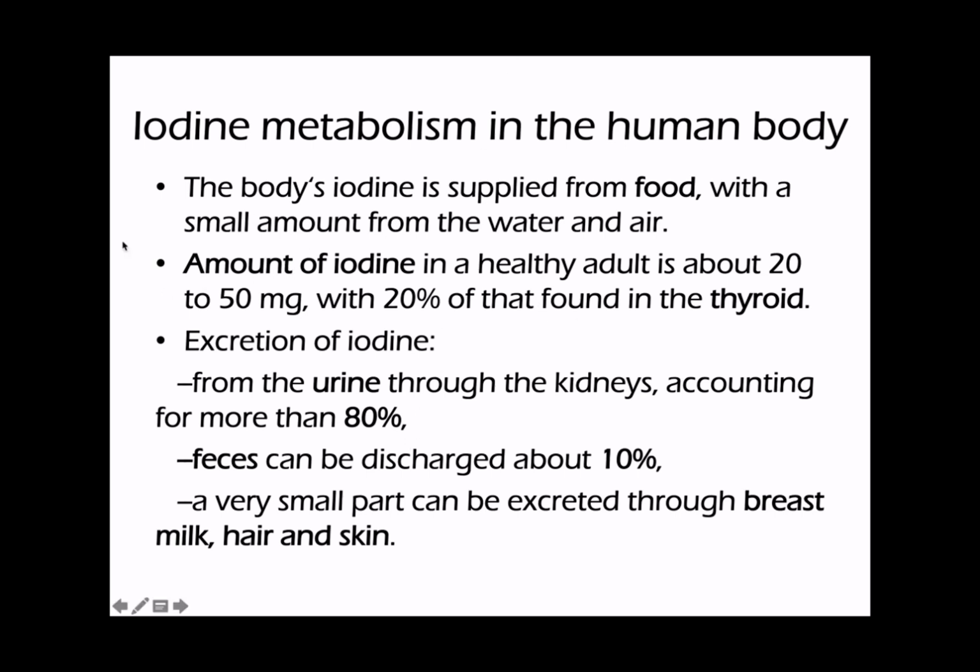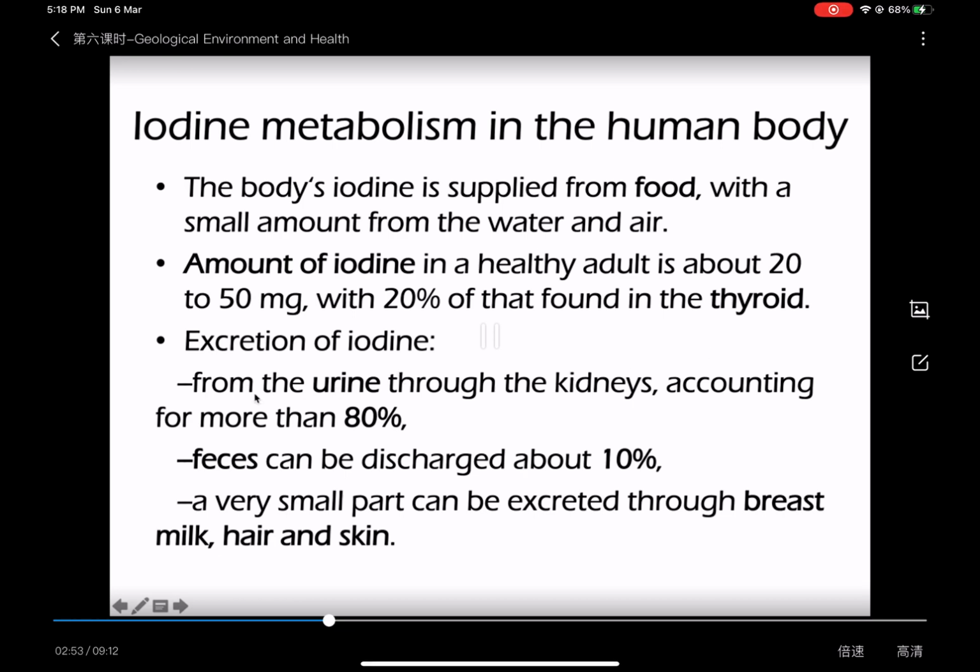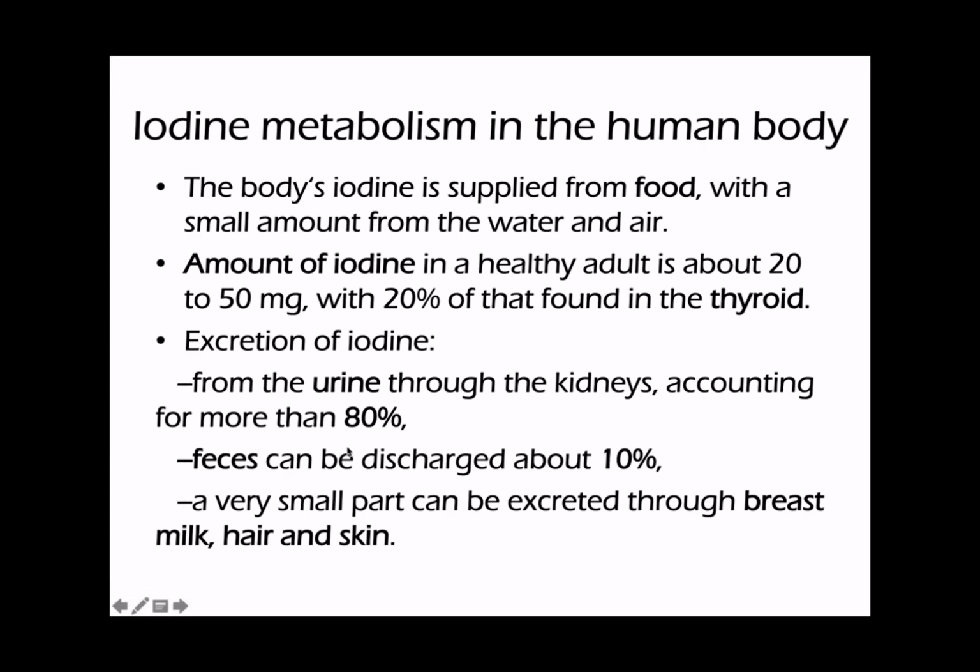The amount of iodine in a healthy adult is about 20 to 50 milligrams, with 20% of that found in the thyroid. The excretion of iodine is mainly from urine, which is more than 80%. Around 10% can be found in feces, while the remaining small parts are found in breast milk, hair, and skin.